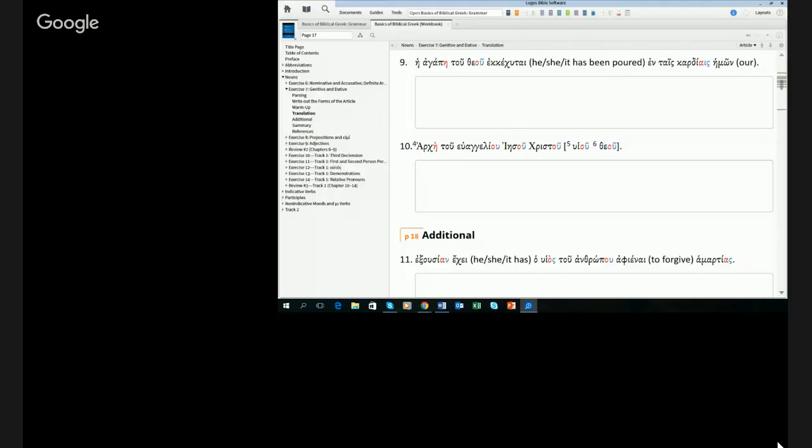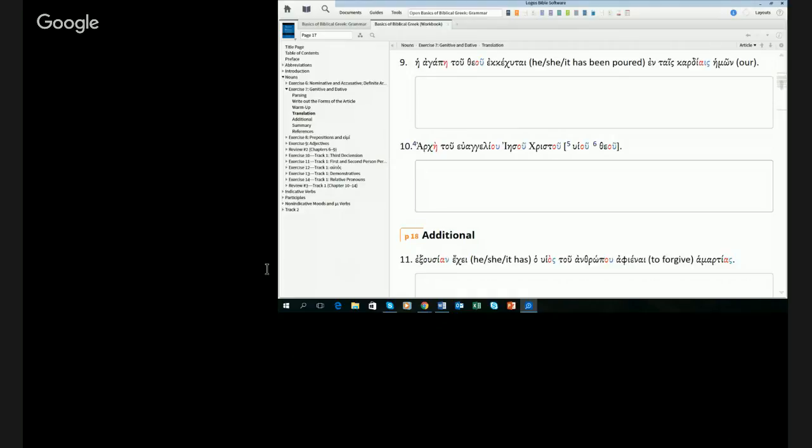So there are approximately 2,700 occasions in the New Testament where you can know the case of a noun simply because en is present, and therefore it must be dative. All right. After kai and the article, I think en is the most common word in the New Testament. And by the way, we get our English word in from en. So in is simply en, basically. Right.